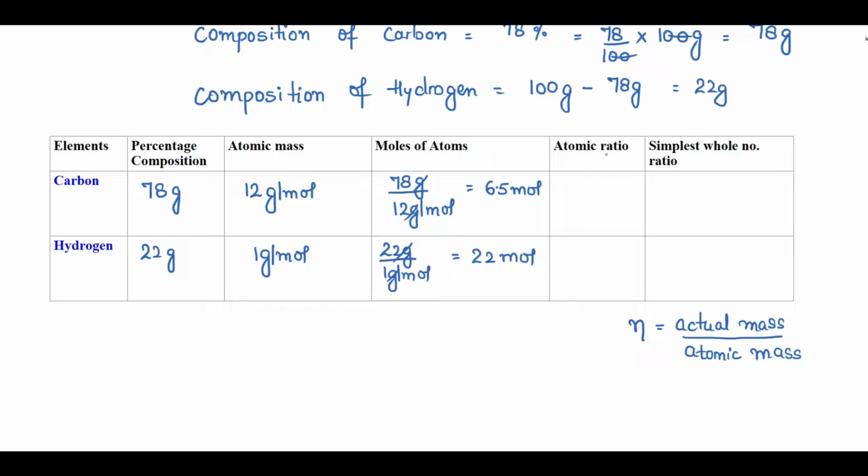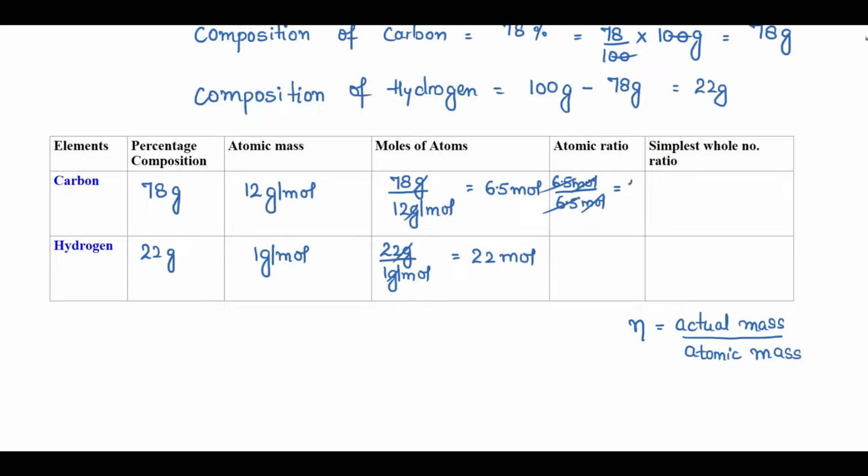Now I have to find the atomic ratio. I'll divide the moles of the elements by the least number of moles. So here I am having 6.5 mole as the least number of moles. First I'll divide 6.5 mole by 6.5 mole. So mole will be cancelled with mole, 6.5 with 6.5.